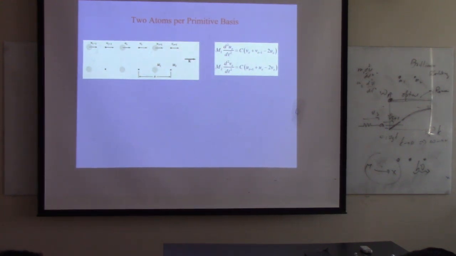In this case you can write your u_s as some amplitude u times e to the i(kx minus omega t), where kx means k s a. V_s you can write as v times e to the i(k x minus omega t), because x, the particle position at the s position, is a times s.